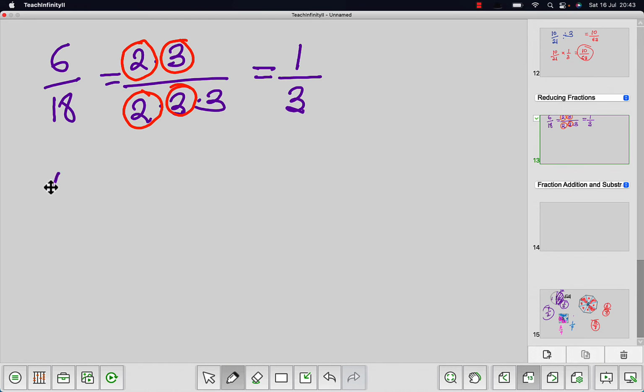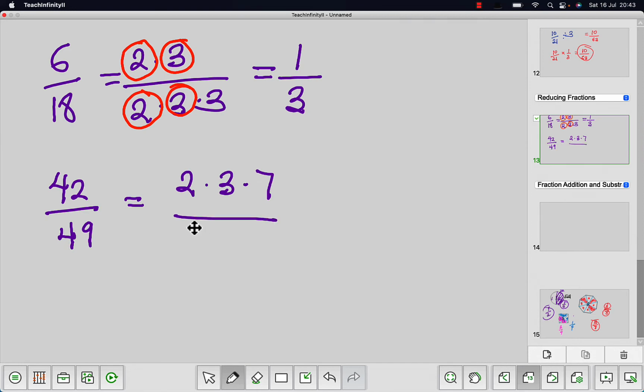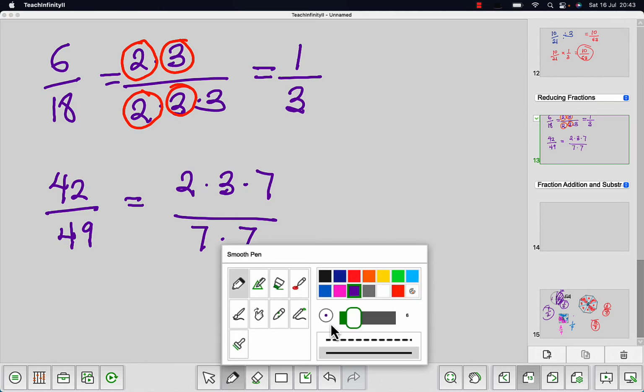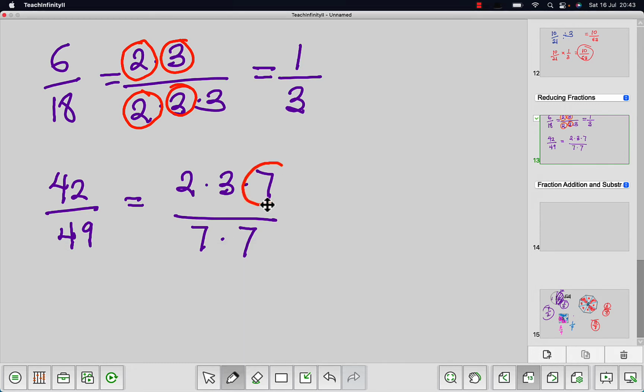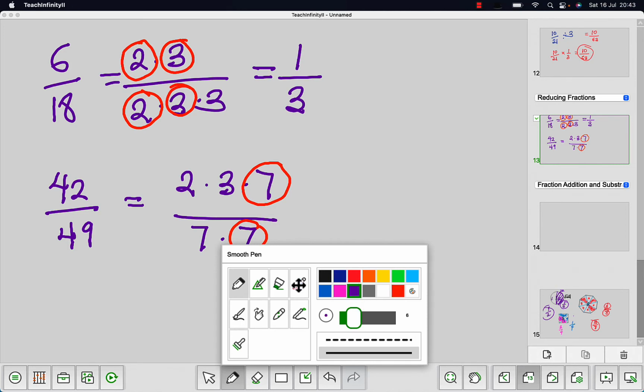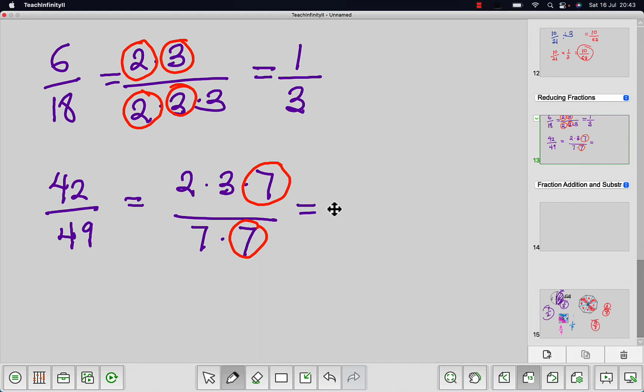So let's look at, for instance, 42 over 49. So this can be 2 times 3 times 7, and this can be 7 times 7. You got that? Yes, 7 times 7. And if I delete common prime numbers, this is what you're going to have. You are left with 2 times 3 and then 7.